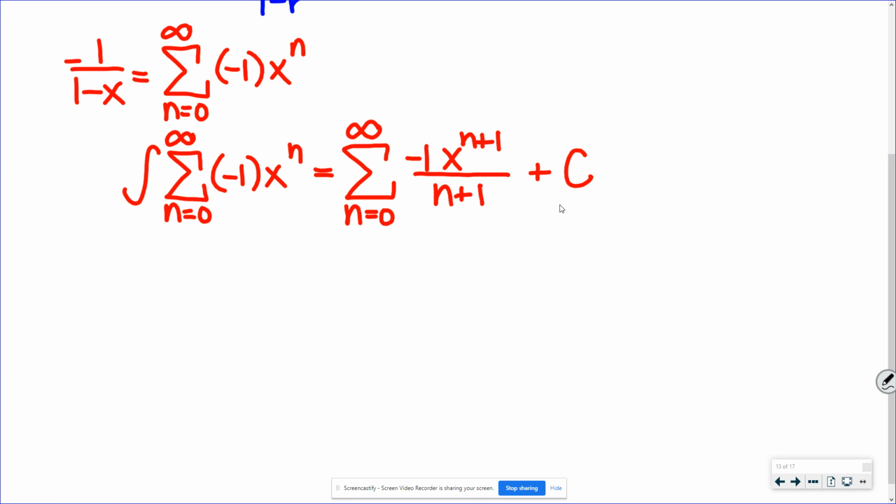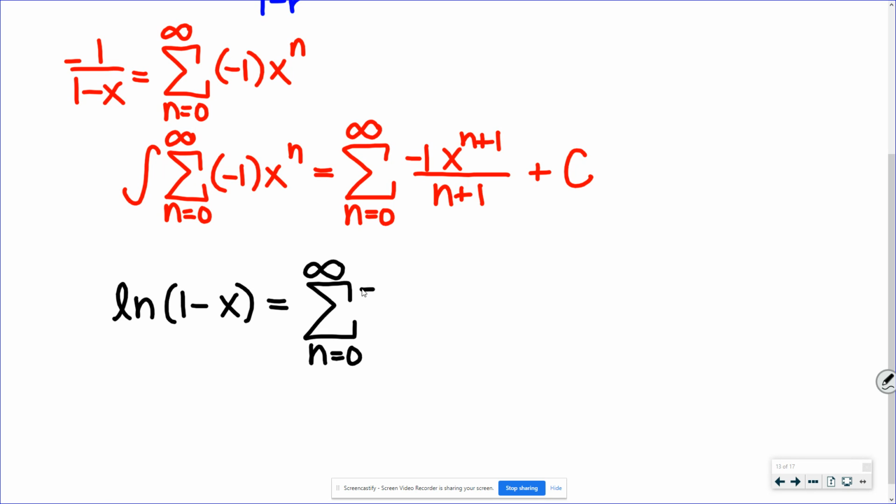This answer right now, because I took the antiderivative, should be representative of the series we were asked to write, which is ln of 1 minus x. So right now, these two things are equal to one another. Our answer just is not complete because we don't have the value of c. That's not known yet.